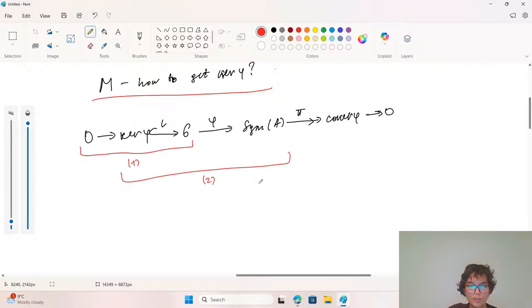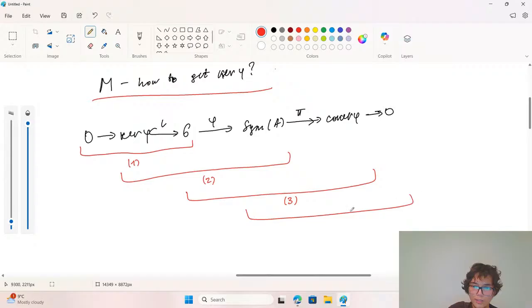I will try not to be very detailed in this part. Okay, I forgot one part. G to co-kernel is the third part, and symmetry to co-kernel is the fourth part. And let's say here it's injective and surjective.